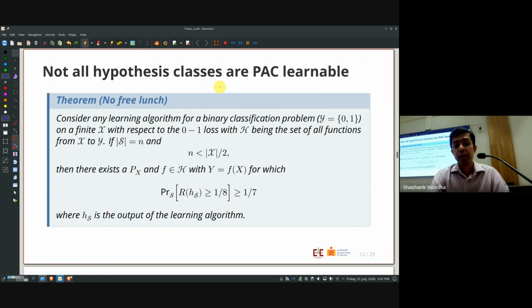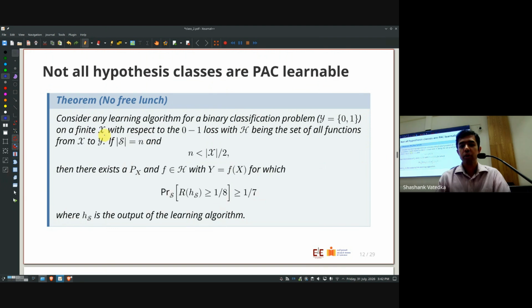Over a finite x, so our feature space is finite. That is also simplified. And we are looking at the 0-1 loss, but h is the set of all possible functions from x to y. So x is finite, and h, the hypothesis class, is the set of all possible functions from x to y, which means that h is also finite, right?